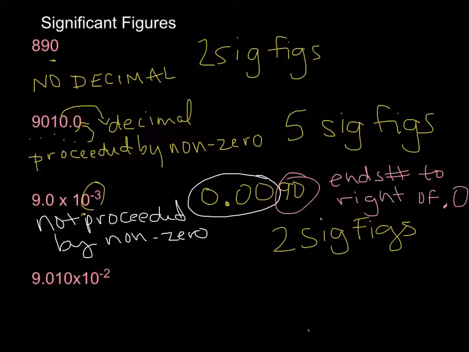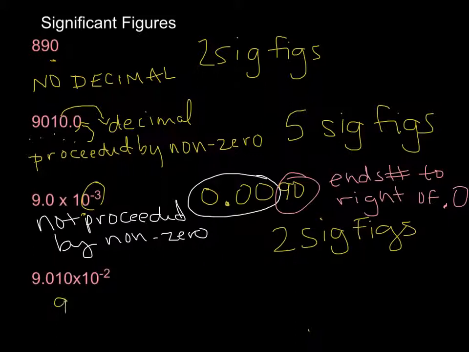Okay, last one, 9.010 times 10 to the negative second power. Is this number going to be more than 1 or less than 1? Less than 1. How do you know that? The negative exponent, right? So how many places do we need to move our decimal? 2 places.